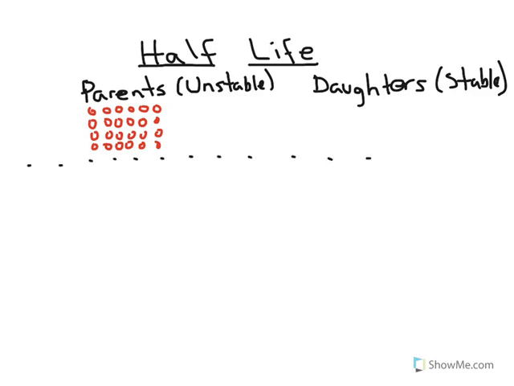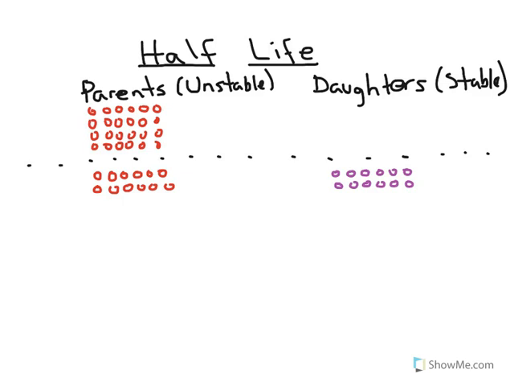What should we see after one half-life? By the definition of half-life, we lose half of our parents. So now we're down to 12 parent atoms, and we gain 12 daughter atoms. However many parents we lose, that is however many daughters we gain.